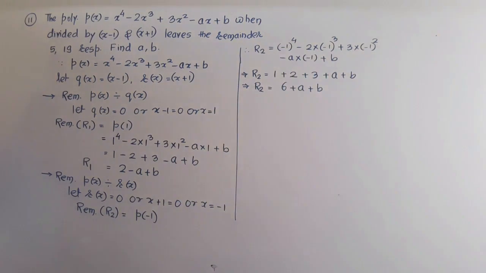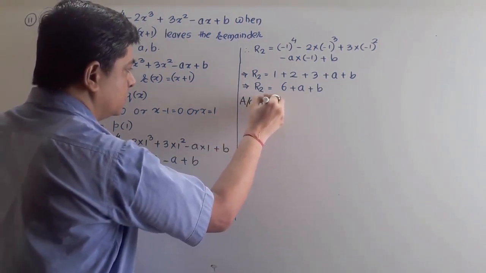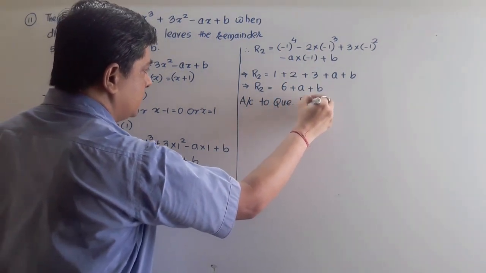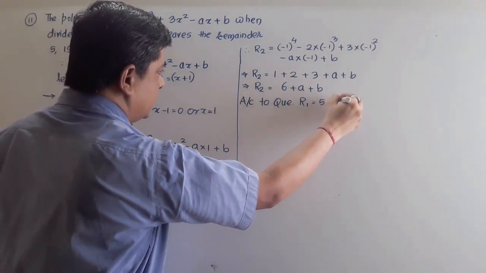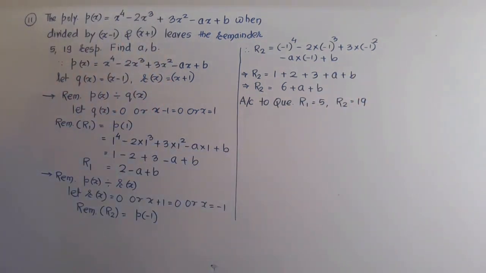Now according to the question, the remainders given here are 5 and 19. So according to the question, we have R1 equal to 5 and R2 equal to 19. So let us put in the values of R1 and R2.